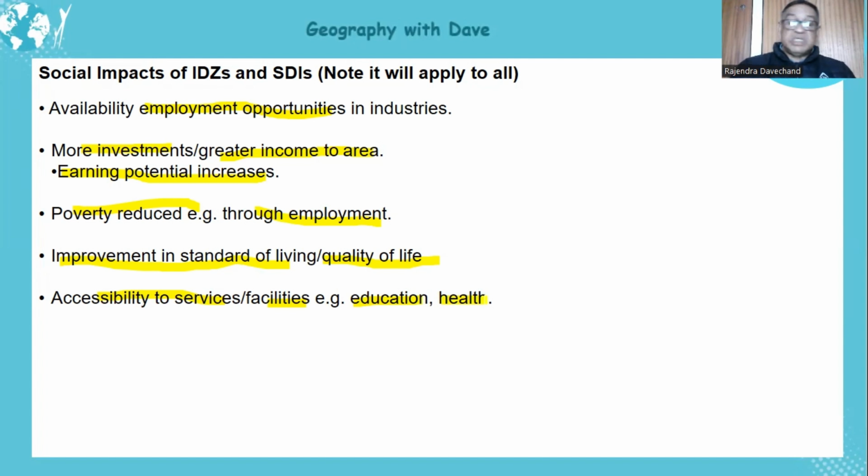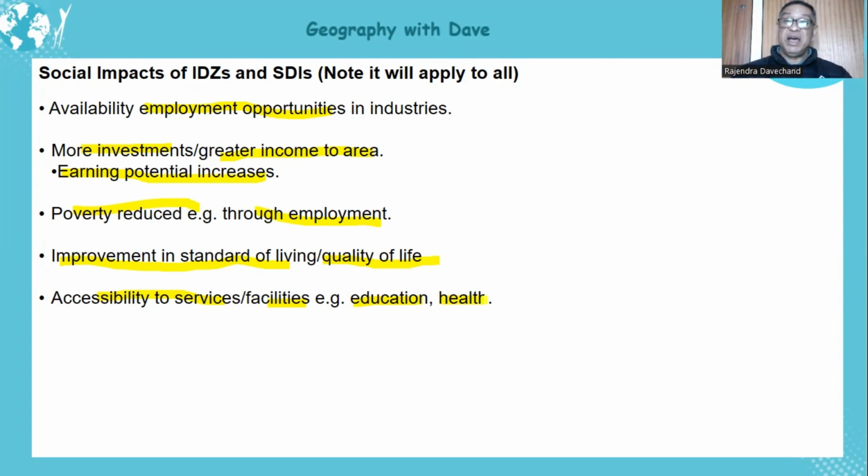Now, of course, we must also remember when we talk about accessibility, there are two ways. One, are there the education centers and the health centers, etc.? They can be available, but sometimes financial challenges may not make them accessible. What do I mean by that?